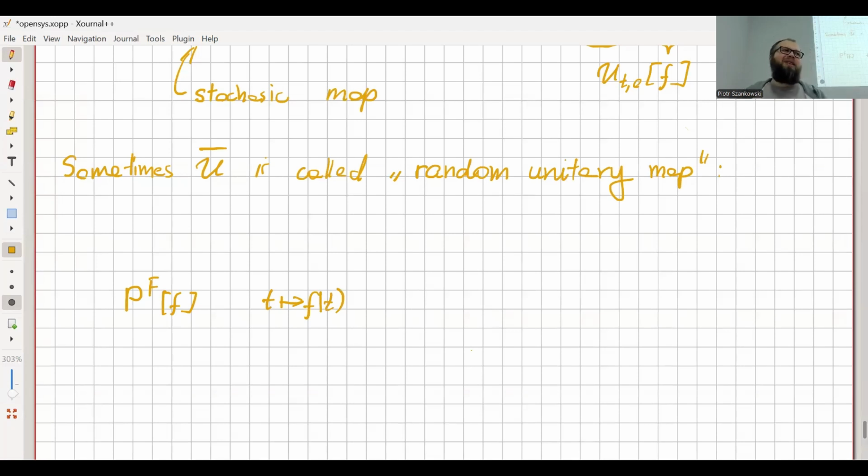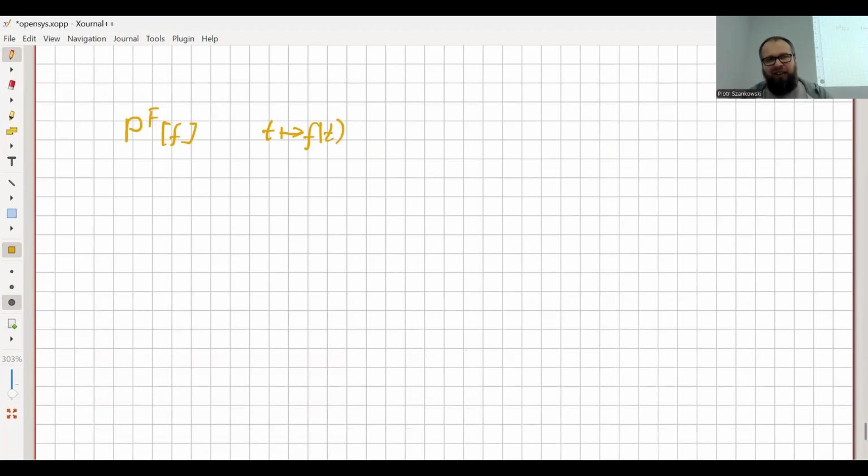So in each shot, when we do our preparation and measurement, we can explain everything with a state that depends on a given realization of this external field.